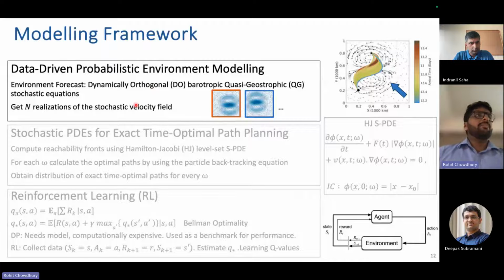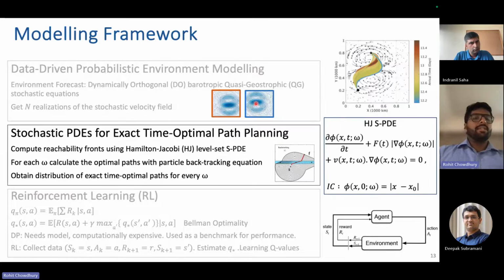First of all, we model the environment, that is, the environment where the agent is going to go out in the ocean. So we compute some n realizations of this velocity field, n samples of the stochastic velocity fields. For each of those n samples, we employ the Hamilton-Jacobi level set equations to compute optimal trajectories. And if I club all of those trajectories together, what I'd get is a distribution of trajectories that looks something like this.